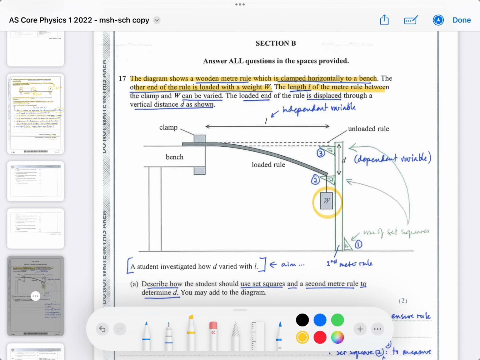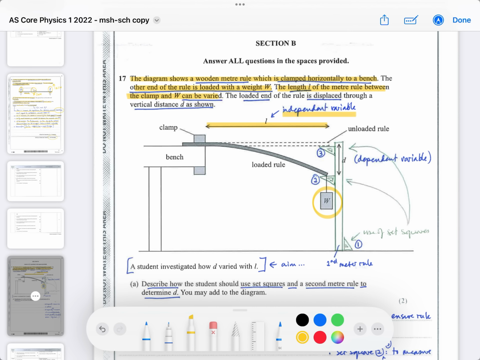The length L of the meter rule between the clamp and W can be varied. So the length L is this length. In fact, that would be your independent variable in this investigation.